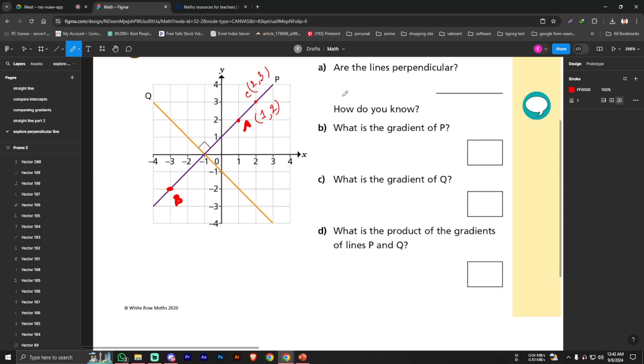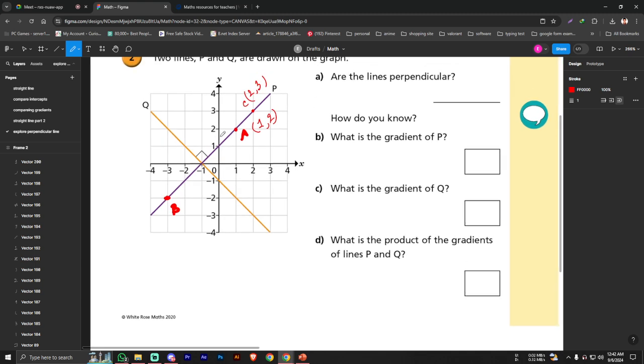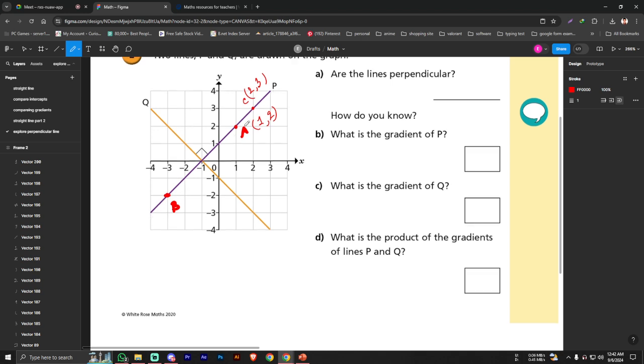You can take as many points as you like, but when you calculate the gradient, only 2 points are needed. So for our example, we can take A and C. A is 1, 2 and C is 2, 3, right?